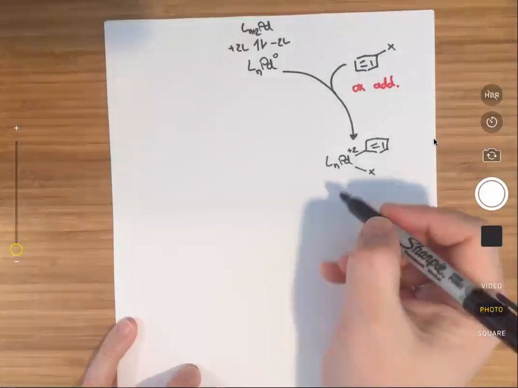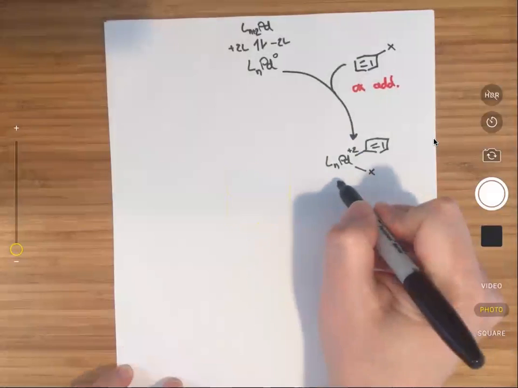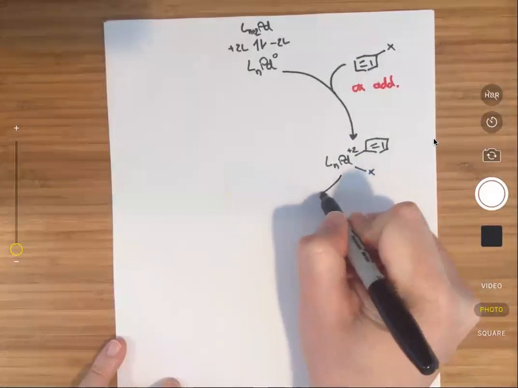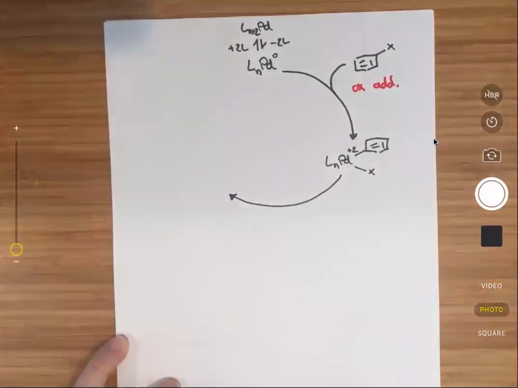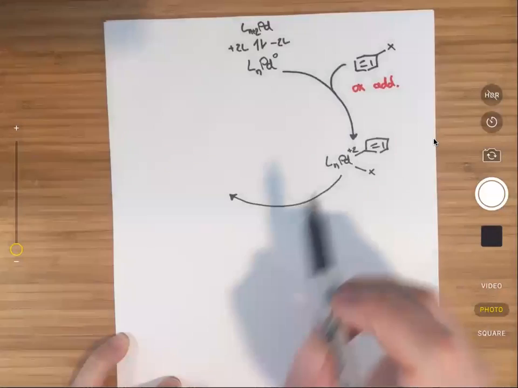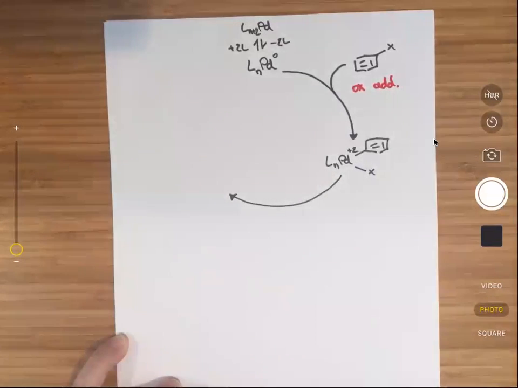Now, the next step would be the transmetallation, right? That's classically in the reactions that we have seen so far, where either the boronic acid, the stannane, or the Grignard reagent would come in and transmetallate and exchange essentially the substituent X here.